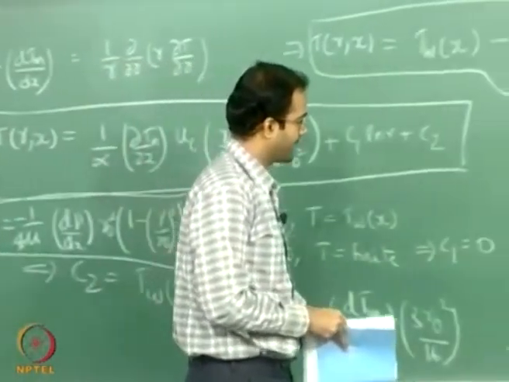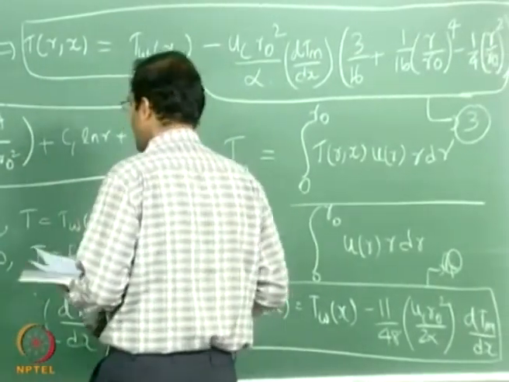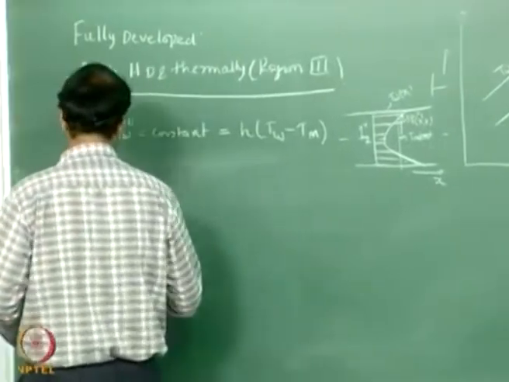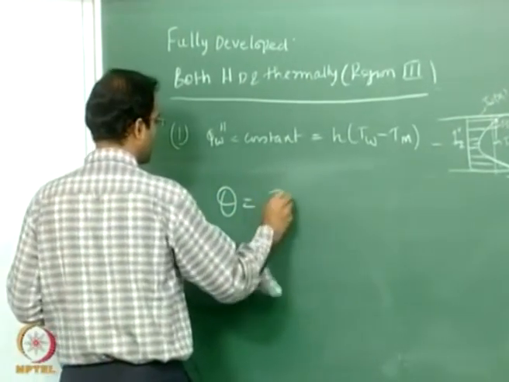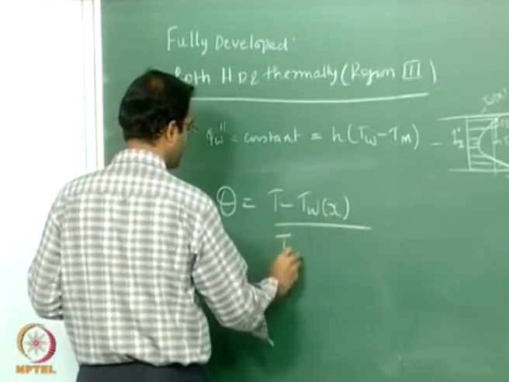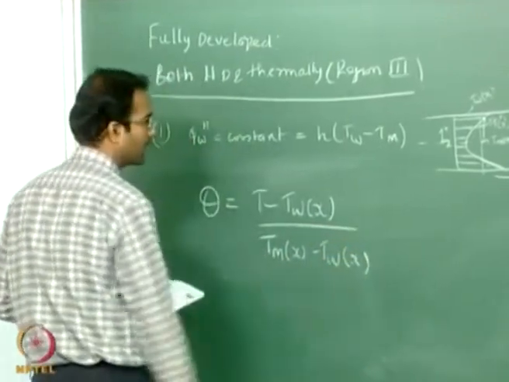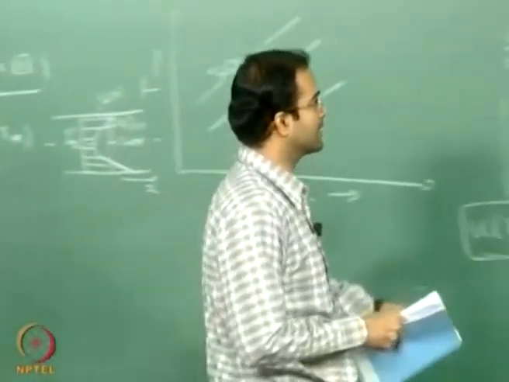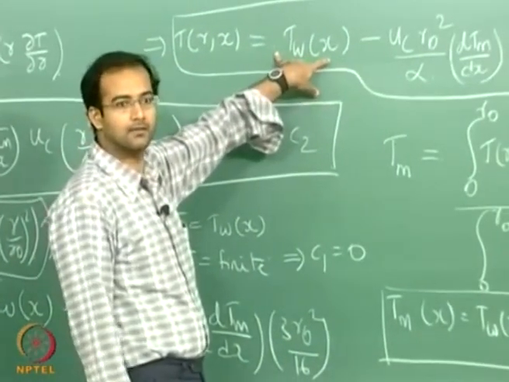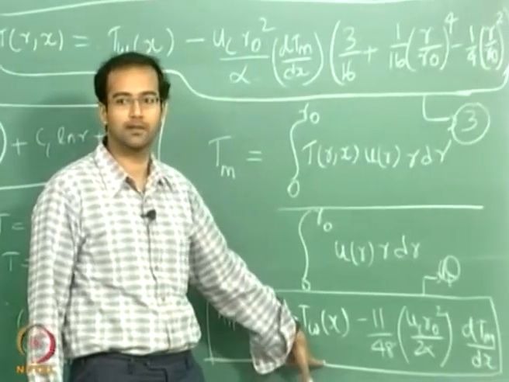So once you got your Tm, now we can calculate the non-dimensional temperature. Your non-dimensional temperature is defined as T minus T wall of x by Tm of x minus T wall of x. Now you have an expression for T minus T wall from the temperature profile, and also an expression for Tm minus T wall here.